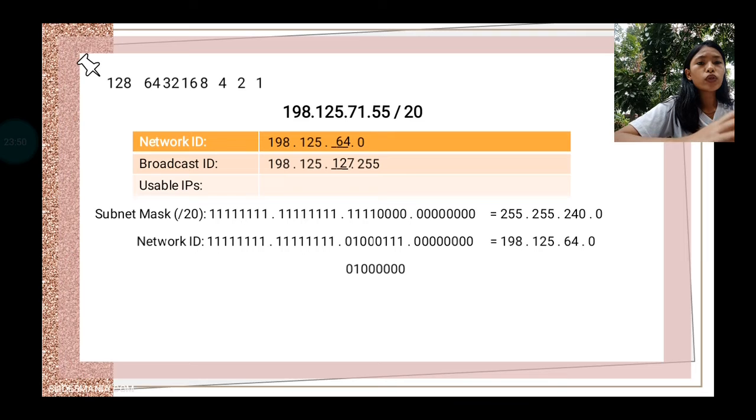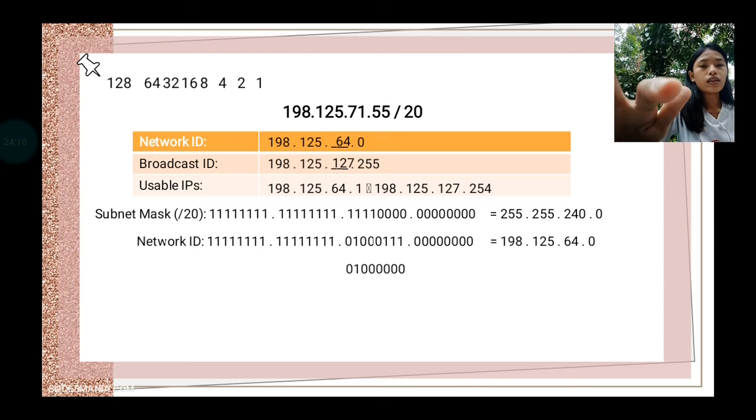Now we can easily identify the usable IPs. If our network ID is 198.125.64.0, then our range would be 198.125.64.1 to 198.125.127.254, since 198.125.127.255 is our broadcast ID.